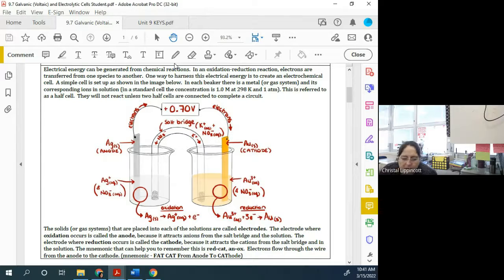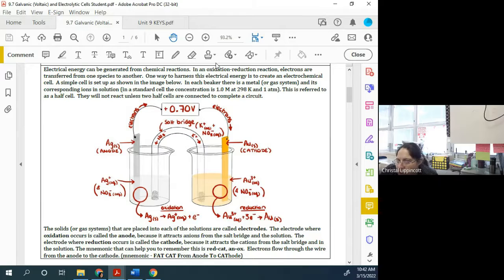Typically in your batteries, they have what's called a porous divider, where these charges can move back and forth. We're going to talk about why those charges need to move back and forth in a few minutes. But we've got these electrons traveling from one side to the other, and when they travel like that, that generates a current. That's your electricity.